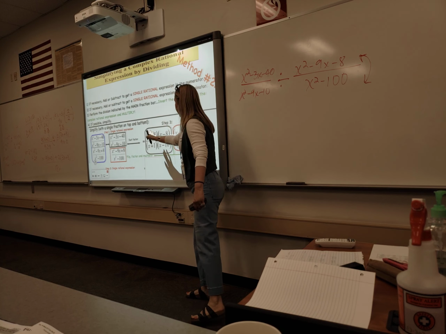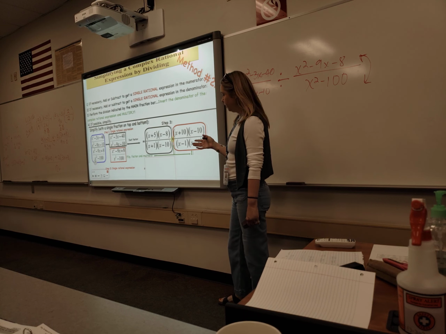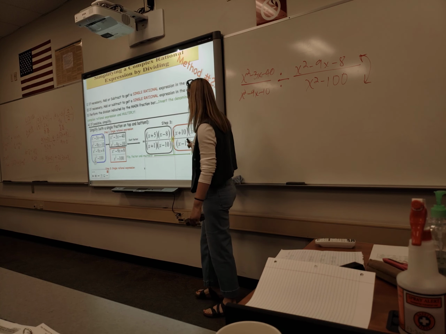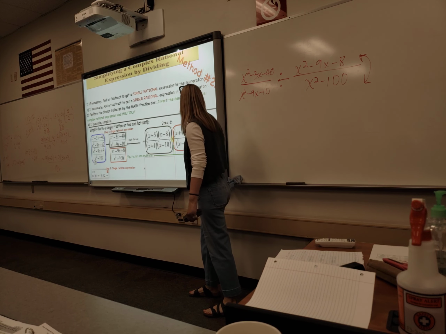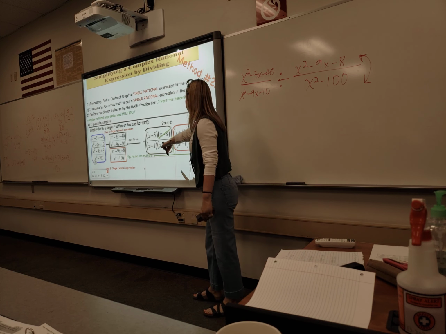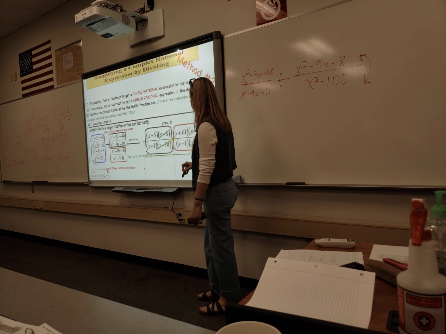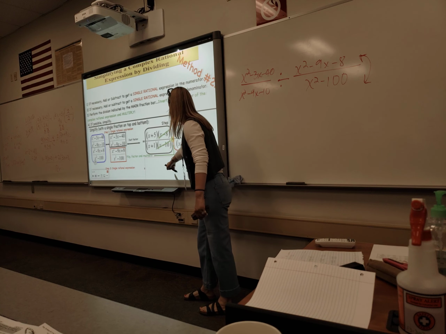So once we've got all these things, we can cancel stuff out, okay? Looks like we can cancel out, here's an x minus 8. Let's cancel that. We've got an x minus 10. Let's cancel that. And looks about all we can cancel. That's it.